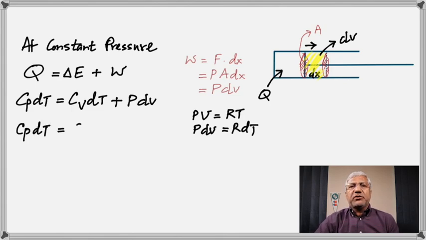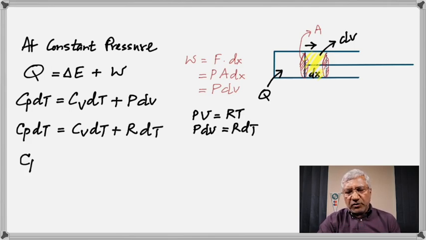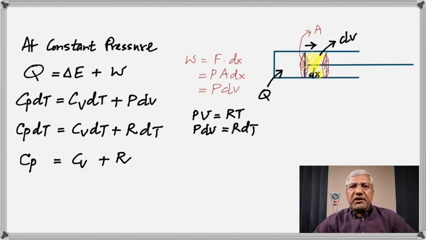So you can now substitute Cp dT is equal to Cv dT plus, in place of PdV, we are able to put RdT. And now since there is dT in all of the terms, we can just cancel that out, giving us this relation Cp is Cv plus R. That again shows that the specific heat at constant pressure is bigger than the specific heat at constant volume.